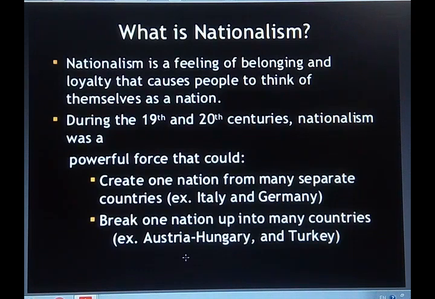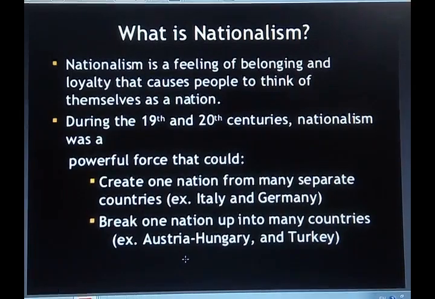And on the other hand, we see it break one nation up into many countries like Austria-Hungary and Turkey. They were further divided, but each divided portion became a nation. Take the example of our own country. At the time when we got our independence in 1947, our country was divided into two nations, Pakistan and India. So the idea of nationalism is a type of feeling of belonging and loyalty that causes people to think of themselves as a nation.